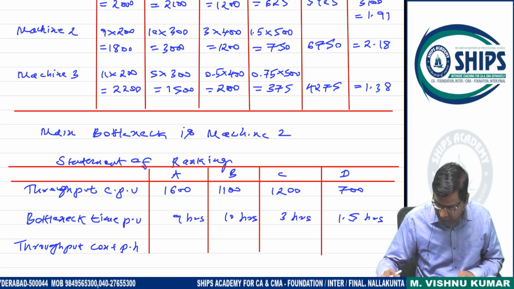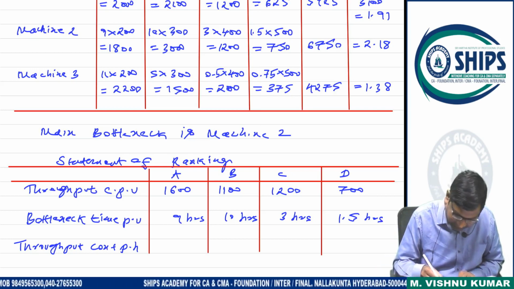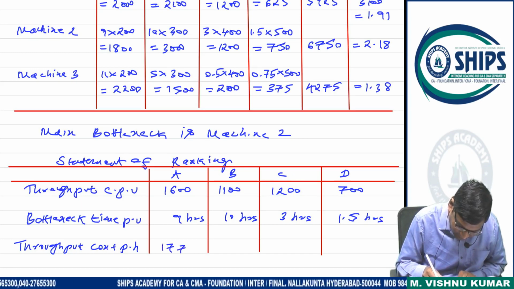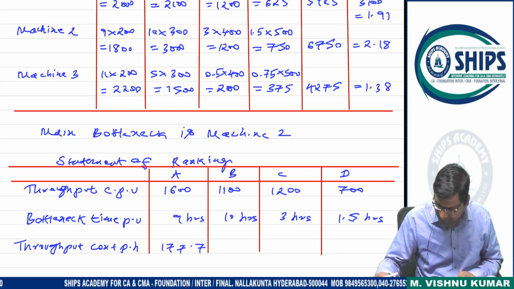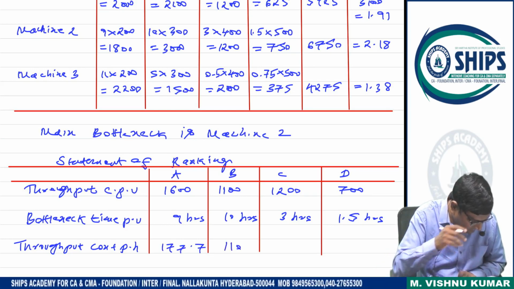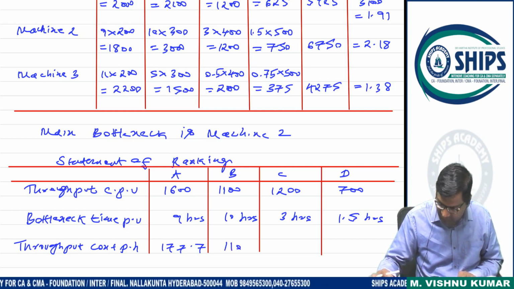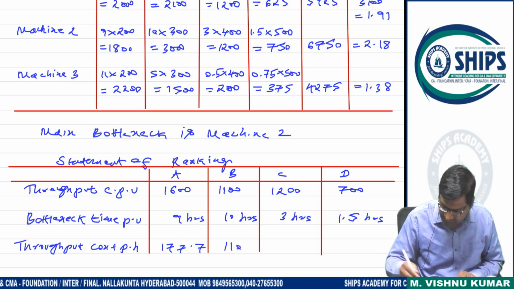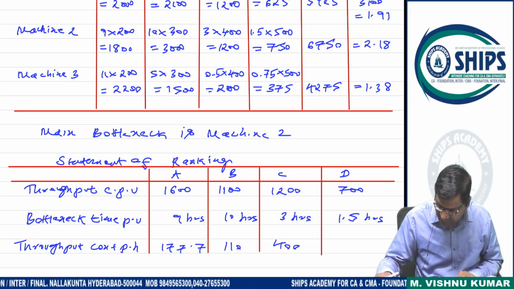So 1600 divided by 9, 1100 divided by 10, 1200 divided by 3, 700 divided by 1.5.